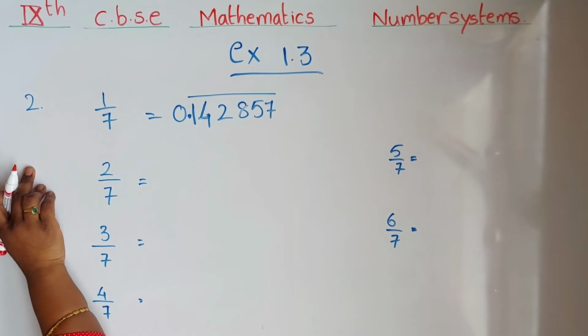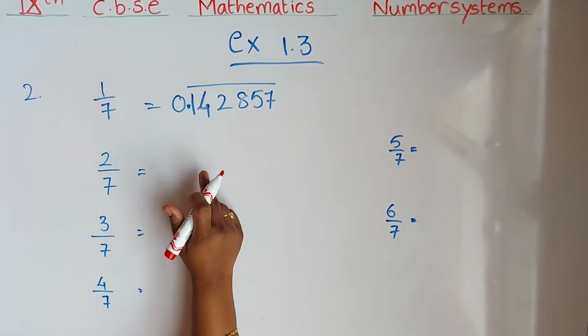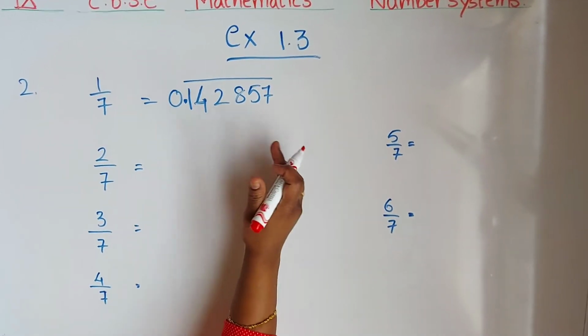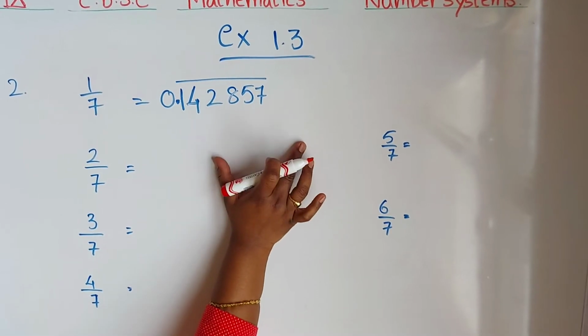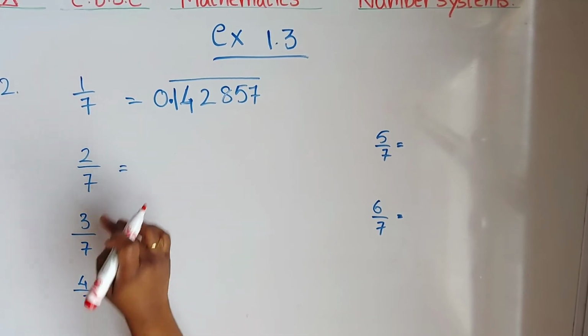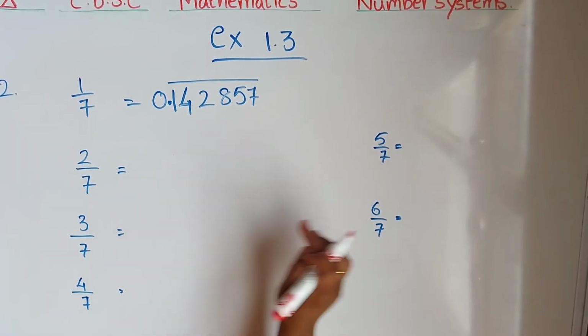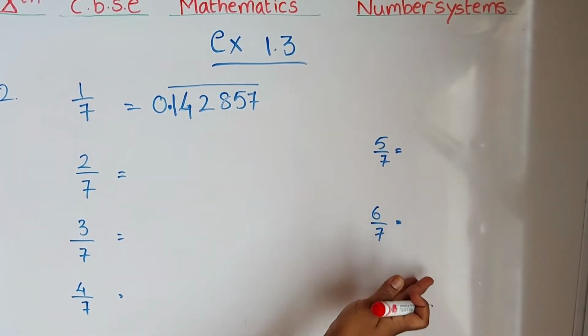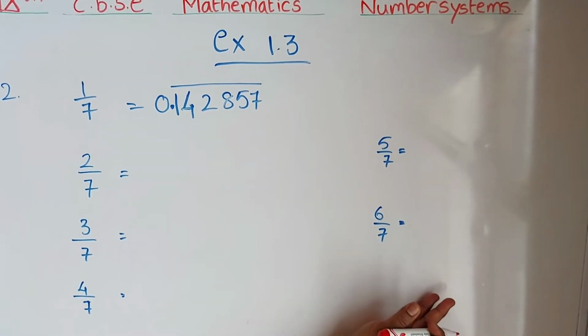Second question, children, they have given 1 by 7 equal to 0.142857 bar. This is the value of 1 by 7. Can you predict what the decimal expansion of 2 by 7, 3 by 7, 4 by 7, 5 by 7, 6 by 7 is without actually doing the long division?